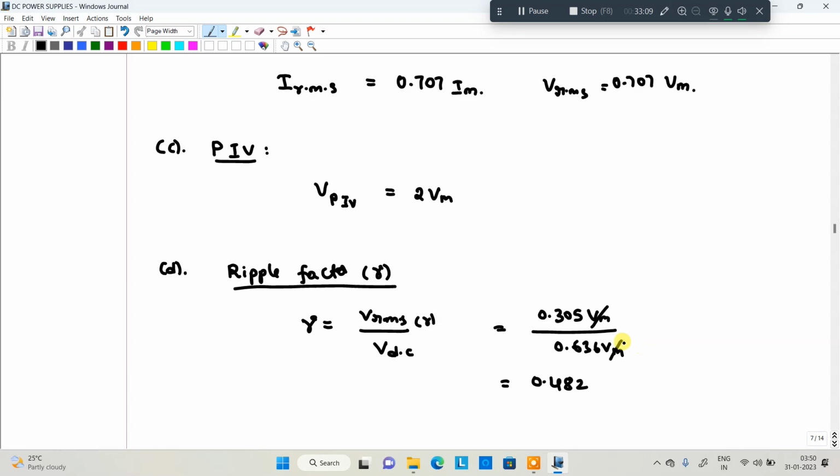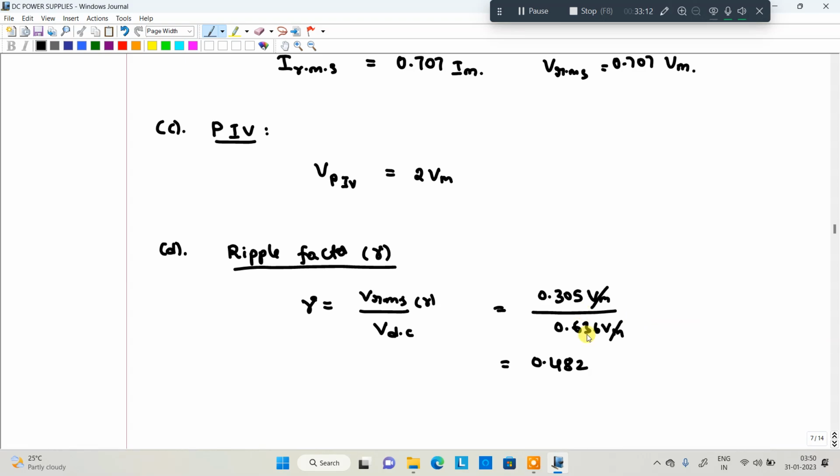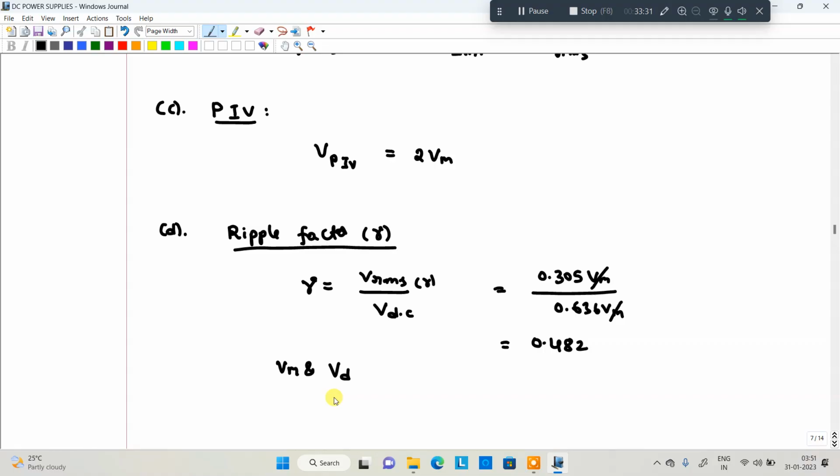This particular ripple factor is less than the half-wave ripple factor, because the output waveform presents both cycles, right? Positive and negative cycles. The relation between Vm and VDC is the same relation that I gave previously, so you can write that relation directly here. That will be Vm by VDC is equal to 1 plus root 3 into gamma. That is the relation between Vm and VDC.